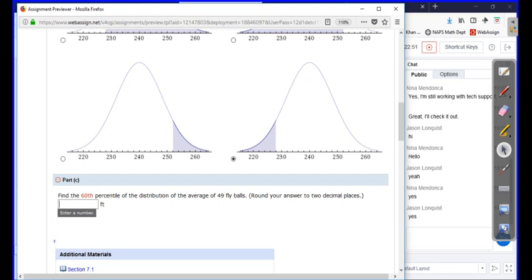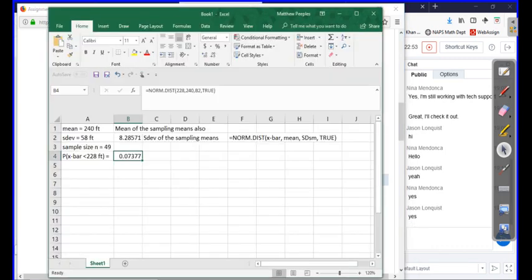So let me go to Excel right here and just spell this out for you. We're told we want the 60th percentile.